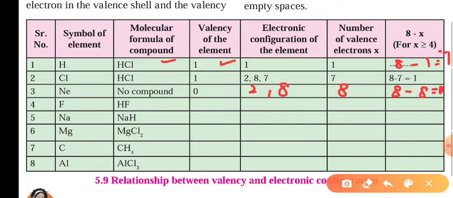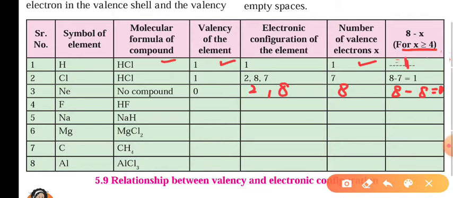Now here in the case of the first one, that is hydrogen, we had what? 1 here, so 8 minus 1 we were doing, correct? But if you see the formula, it is for x greater than or equal to 4. So here our x is what? 1.